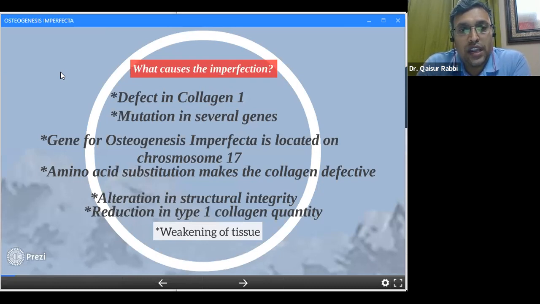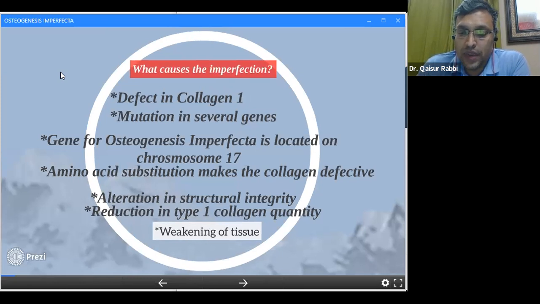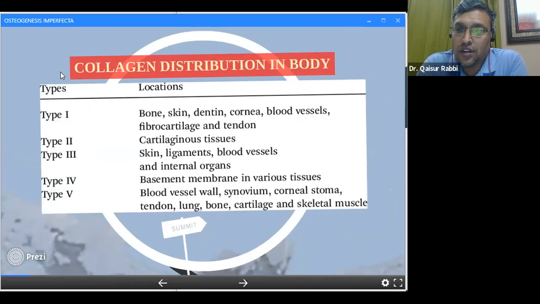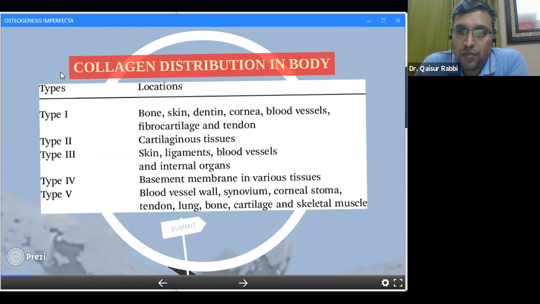So where does this collagen 1 live in our body? It's mainly the structural unit of our body. Type 1 collagen is present in bone, skin, dental tissue, that means tooth, cornea, blood vessel, fibrocartilage, and tendon.